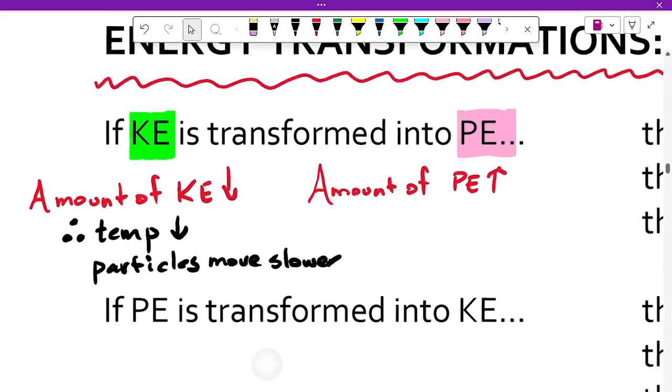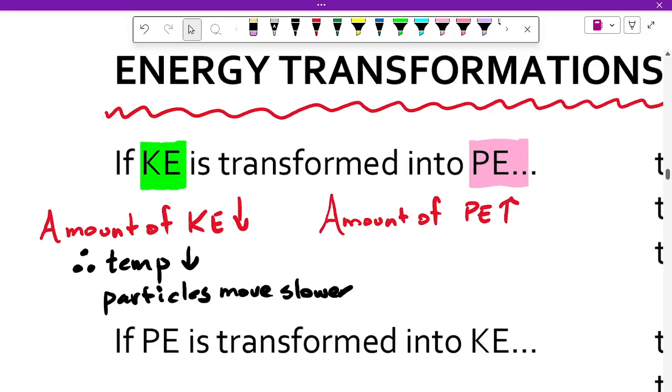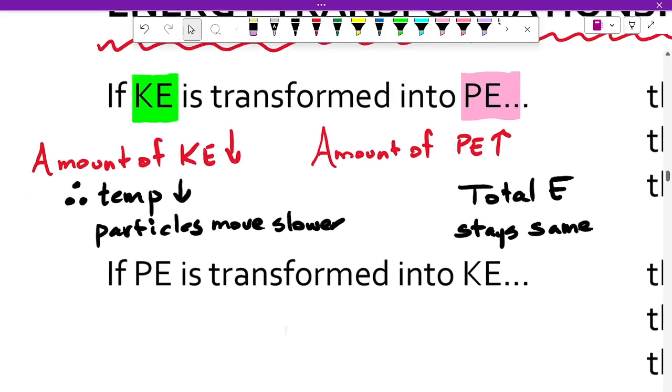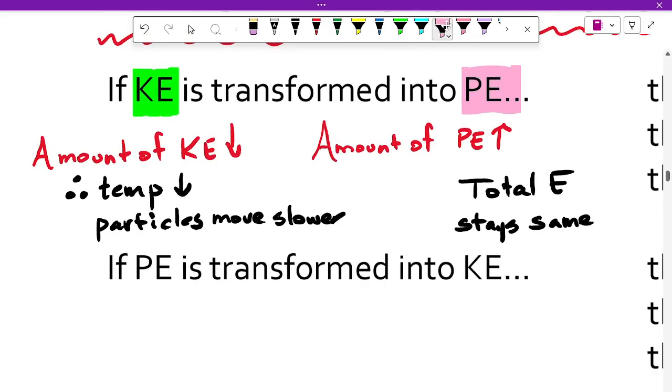What happens to the total amount of energy? Stays the same. If we take potential energy and transform it into kinetic energy, what has happened to the amount of kinetic energy?